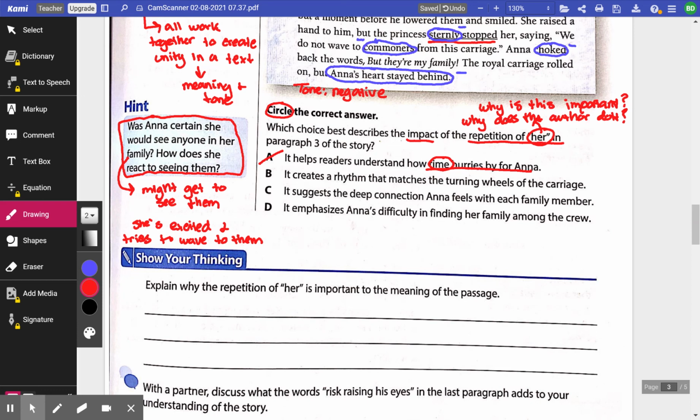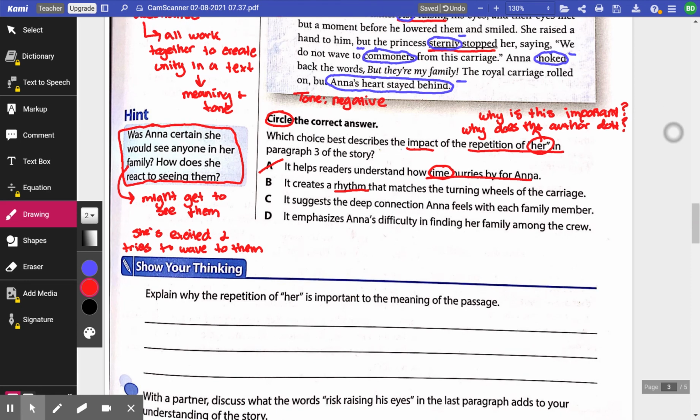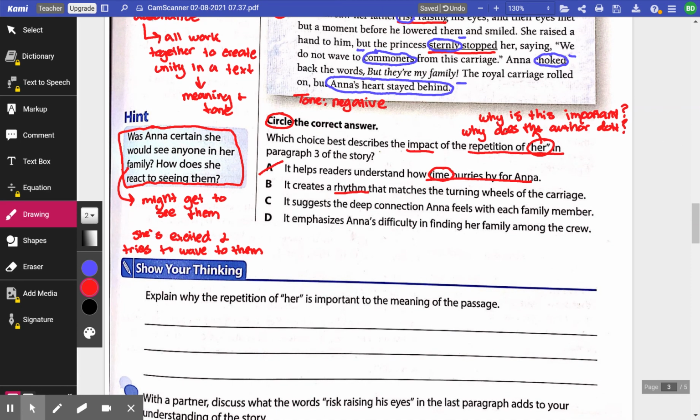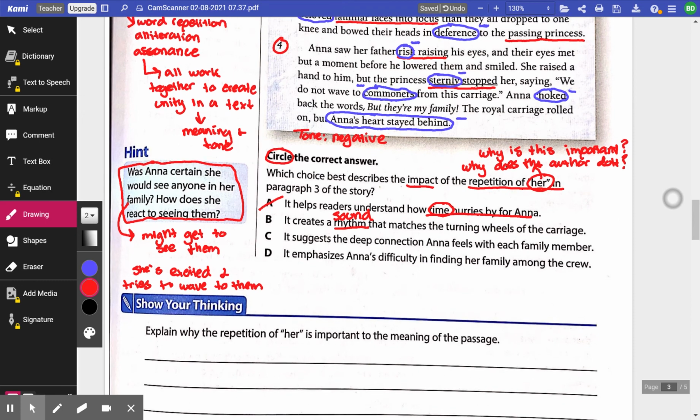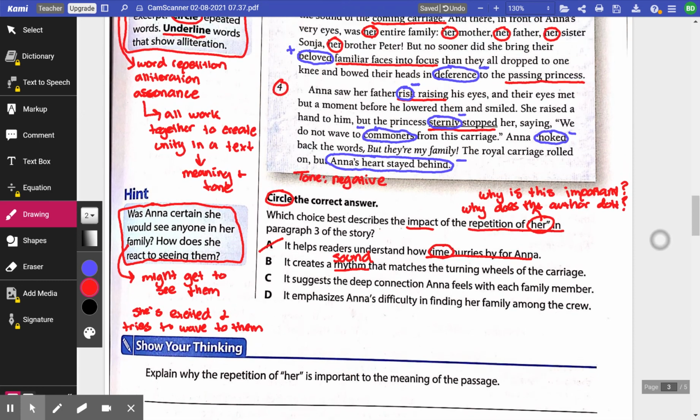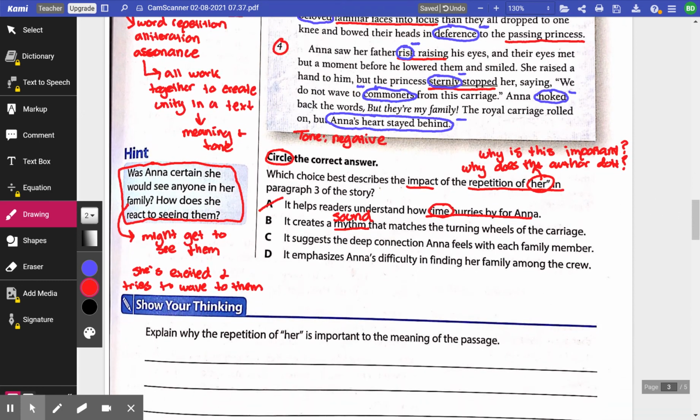Answer choice B says it creates a rhythm that matches the turning wheels of the carriage. So this is focusing on rhythm, which has to do with sound. More so sound devices, like alliteration and assonance, than word repetition, because the word "her" repeating does not really match the sound the wheels would make underneath the carriage.